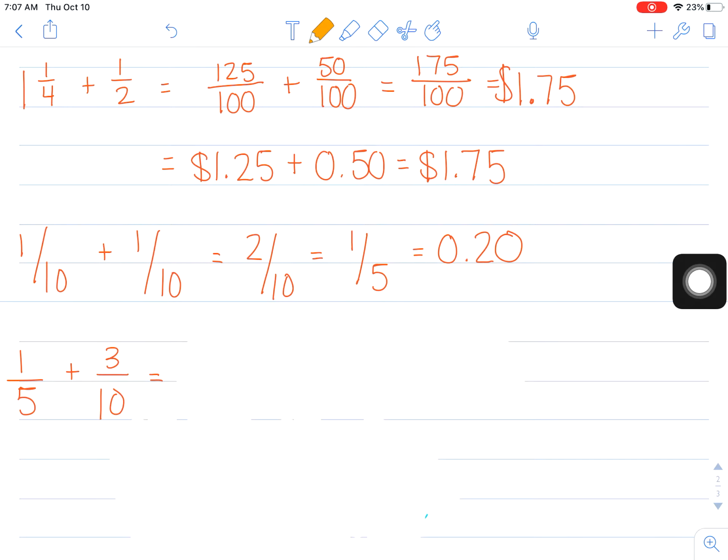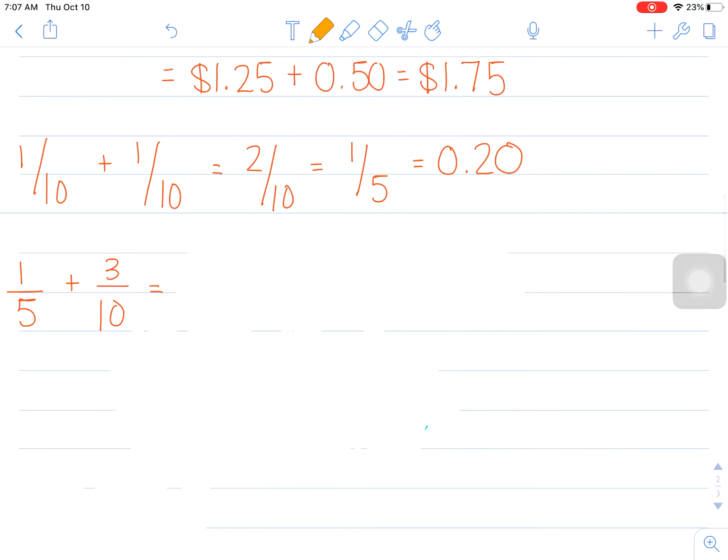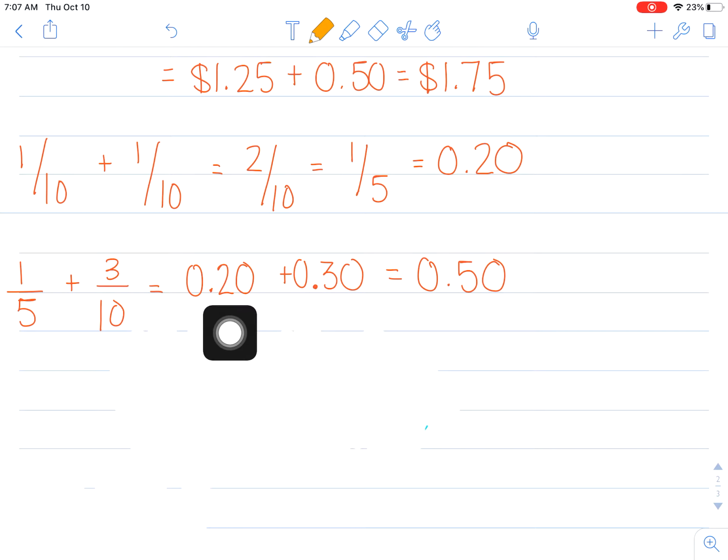Okay, and the last problem, I'll give you a moment to look at that one. You can pause the video. All right, and hopefully you may have solved this using your schema from the previous problem with a decimal value. So you might have said, oh, well, I know that 1/5 is the same as 20 hundredths or 2/10. So you may have rewritten it as decimals.